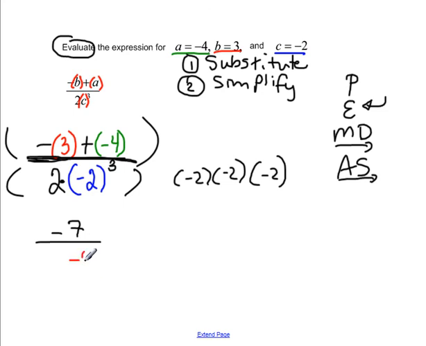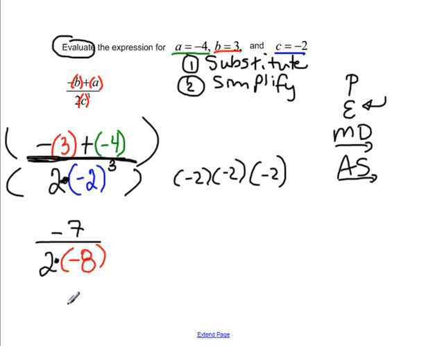So -8 is what I get when I take -2 and raise it to the third power. But remember that 2 has to get multiplied by that -8, so I want to keep that -8 in the parentheses. So when I bring down the 2, that multiplication that was there is still showing up there.